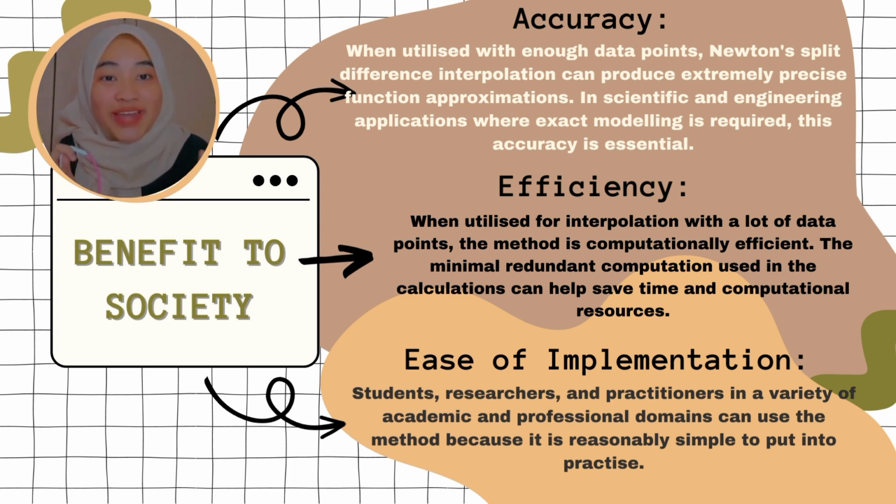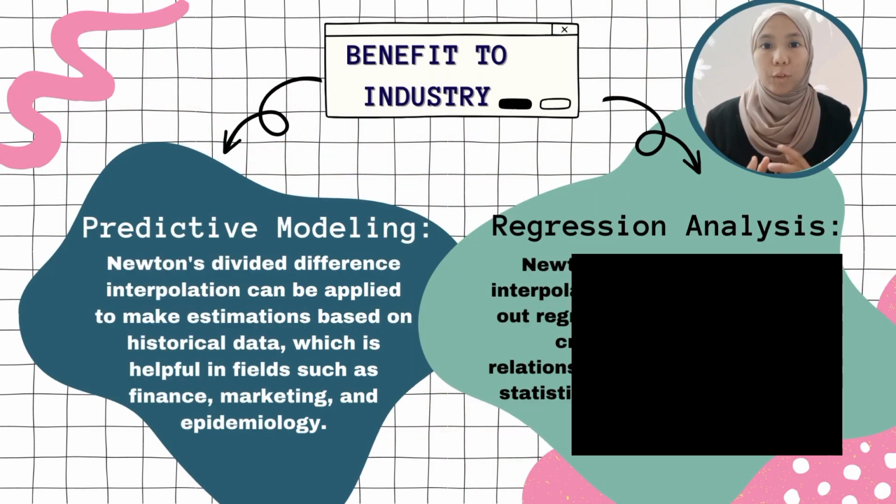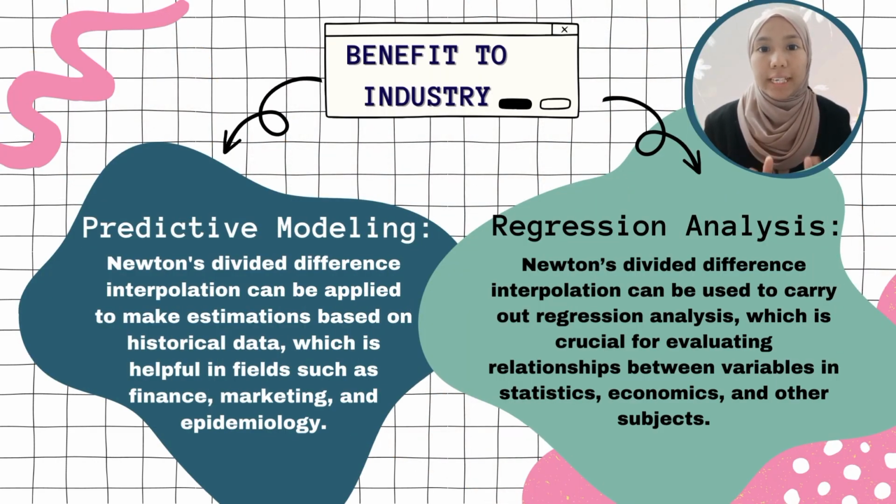And the last one is ease of implementation. Students, researchers, and practitioners in a variety of academic and professional domains can use the method because it is reasonably simple to put into practice. Next, we move to the benefits of Newton forward divided difference interpolation to industry.